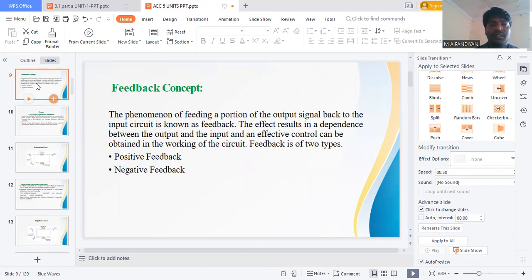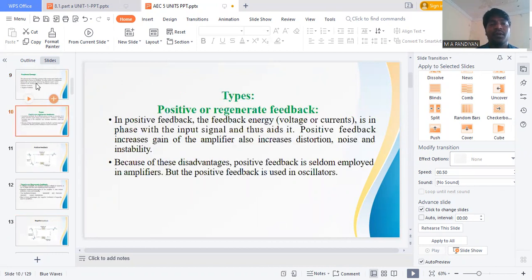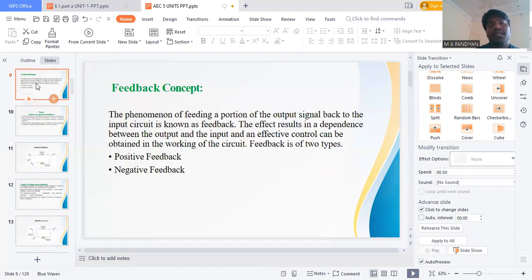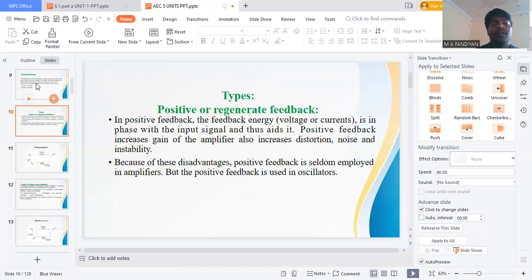Then we discussed the types of feedback. One is positive feedback, whose other name is regenerative feedback. The next is negative feedback, whose other name is degenerative feedback. For positive feedback, we discussed the advantages, disadvantages, and phase.